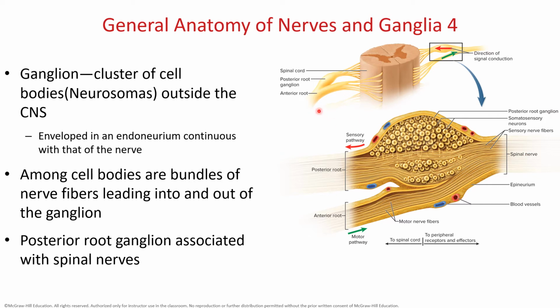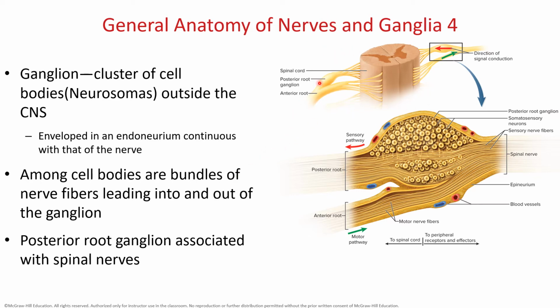Sensory information is going to come in through that posterior root ganglion. If my clicker here is sensory information, it's coming in here, and it's going to go through that posterior root ganglion. So sensory information comes in the back door, and motor information comes out the front here. This would be anterior, this would be posterior.